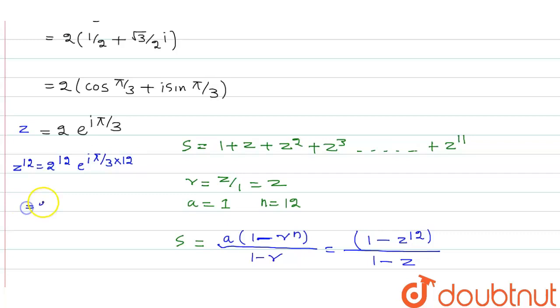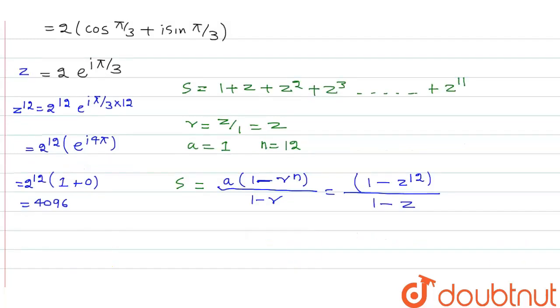Basically this becomes 2¹² · e^(i4π), which is 2¹²(cos 4π + i sin 4π). We know cos 4π is equal to 1 and sin 4π is equal to 0. So the value of z¹² is 2¹², which is 4096.